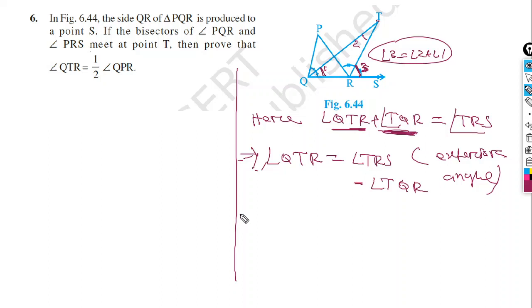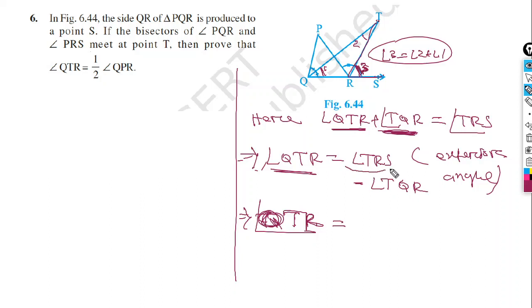Now, write it here as it is, angle QTR equals, now look at the figure, this angle TRS is half of angle PRS, isn't it?